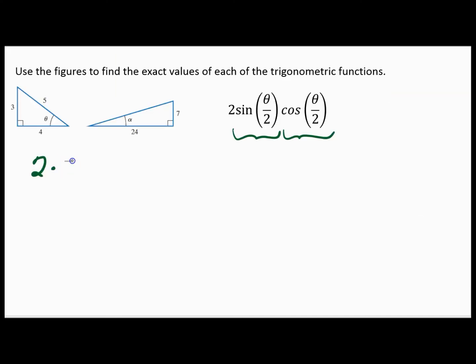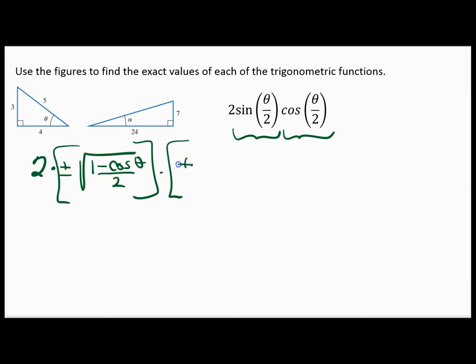So we've got, again, plus or minus the square root of 1 minus the cosine of our alpha, which is theta, over 2. Remember, this is multiplication, times plus or minus the square root of 1 plus the cosine of theta over 2.